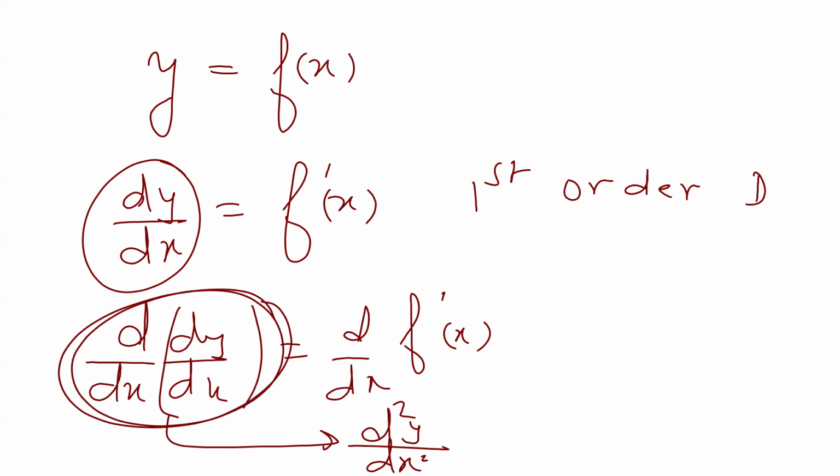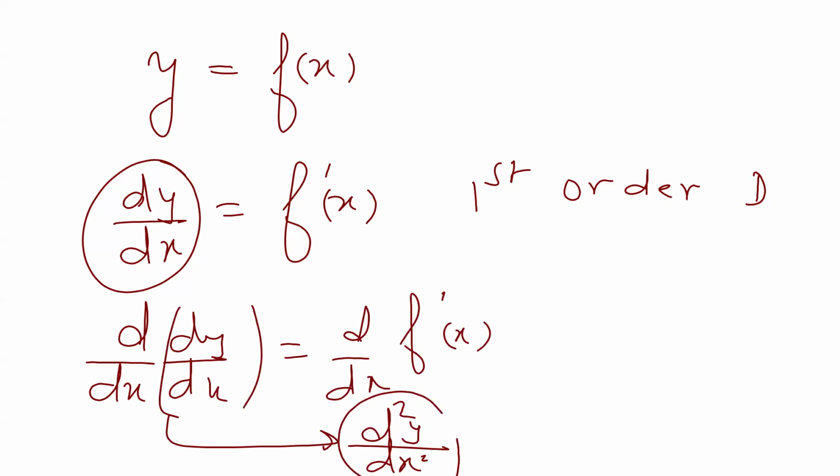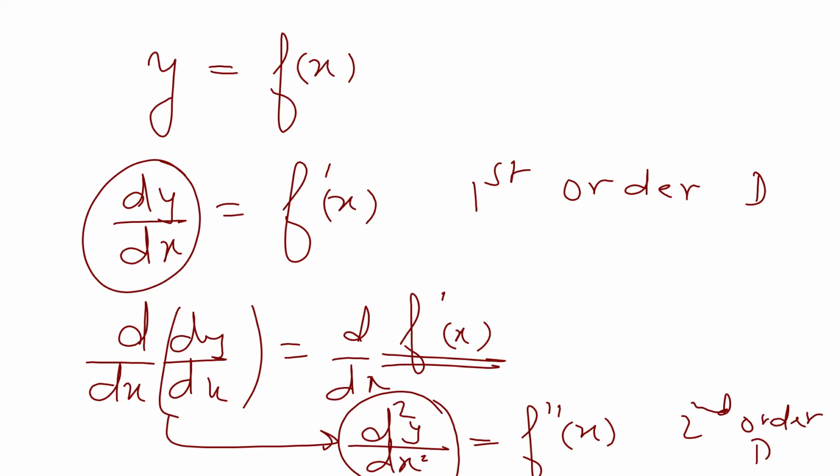It's the derivative of dy by dx with respect to x. So the derivative of dy by dx is d square y by dx square. It's a notation. And the derivative of f dash x is f double dash x. So this is the second order derivative.